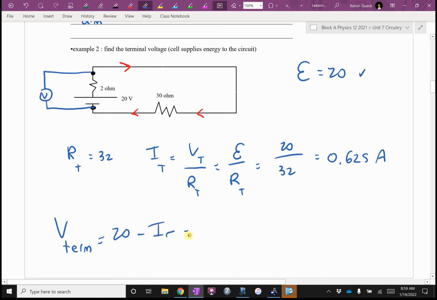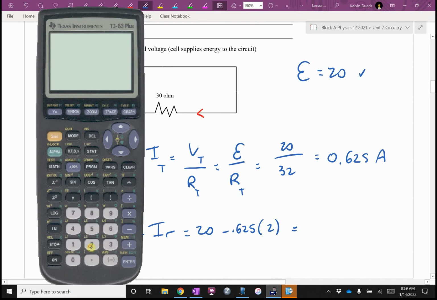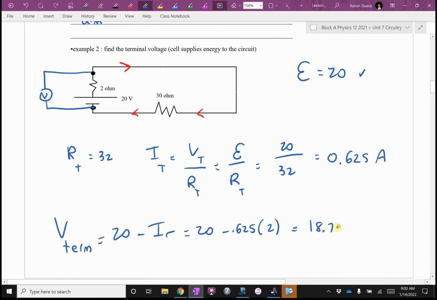It's going to be 20 minus 0.625 times 2. 18.75. Call it 18.8, but I'll write the 4 sig figs just so we were really accurate.